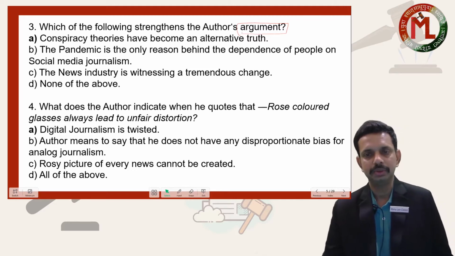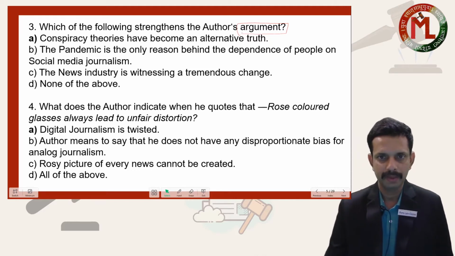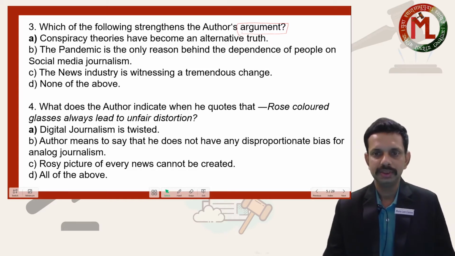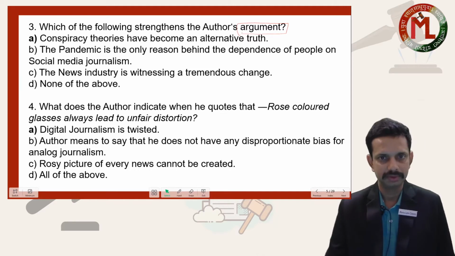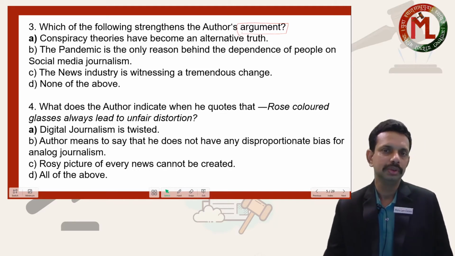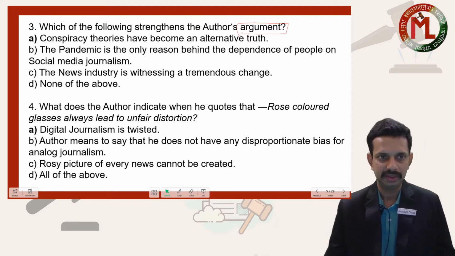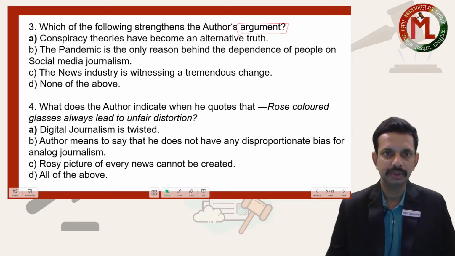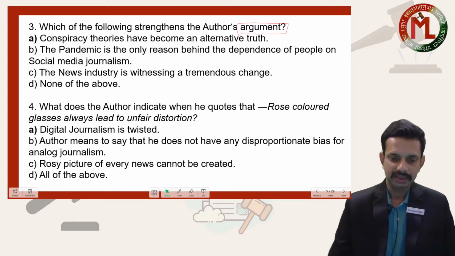Now here the question is, what is inference? Inference is a process by which we arrive at a conclusion by using some facts, some information, right? So you have to identify the argument of the author.